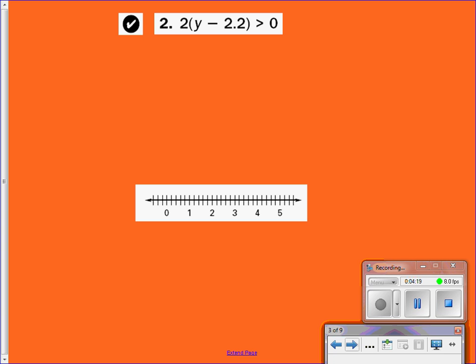Same thing here. You can distribute or just get rid of it. 2y minus 4.4. Add 4.4. 2y is greater than, divide by 2.